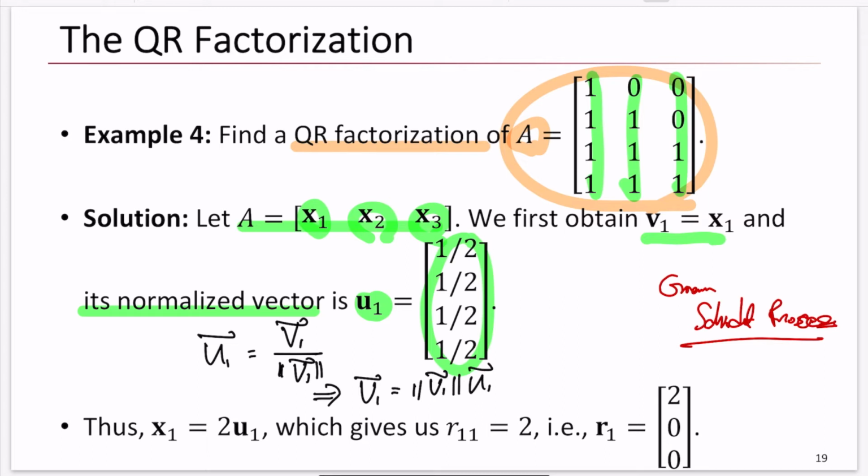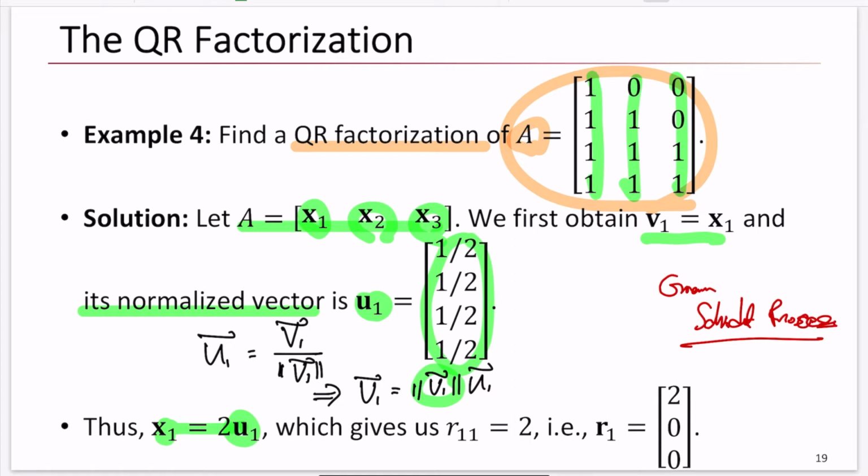We already know v1 is equal to x1 by definition, so x1 is equal to the length of v1 times u1.